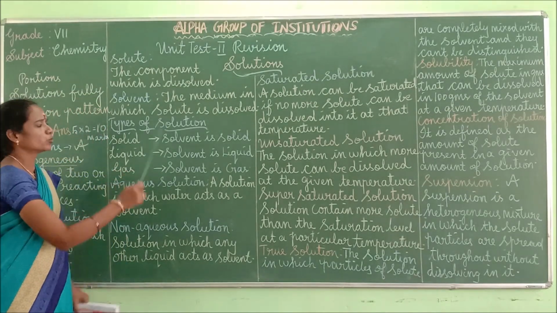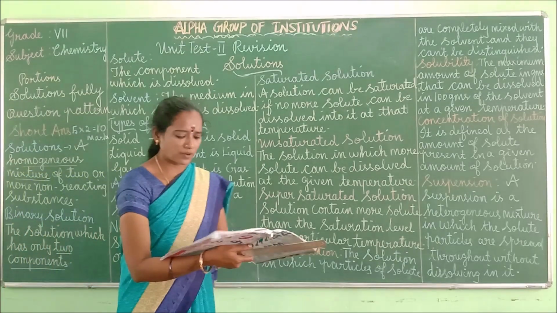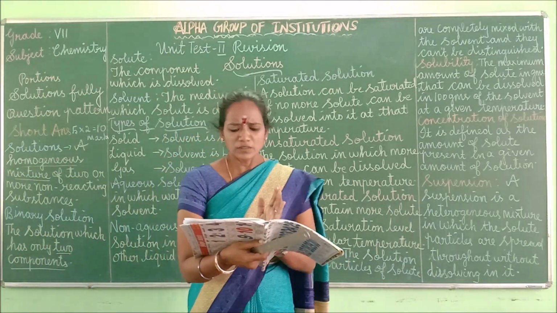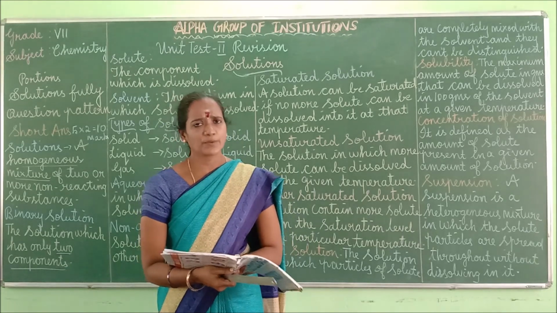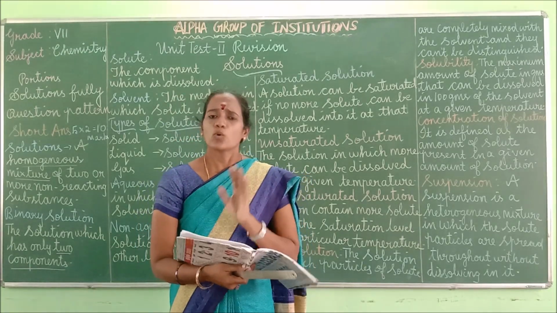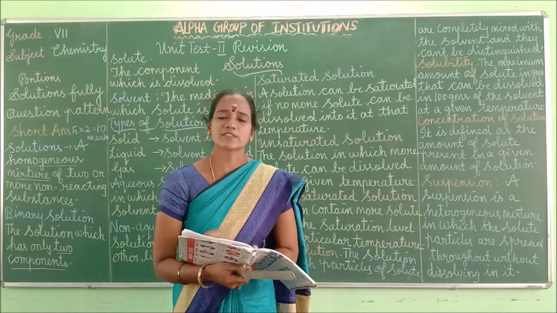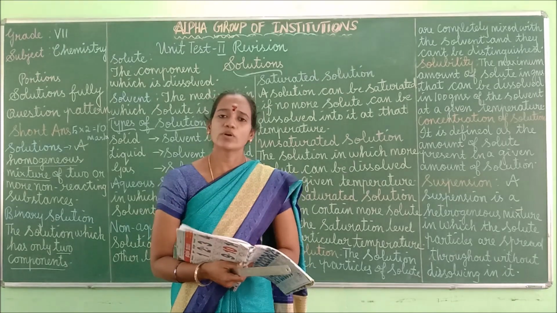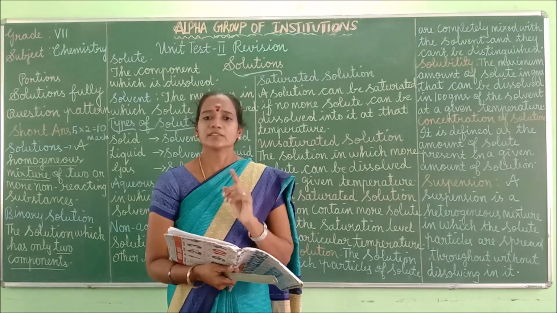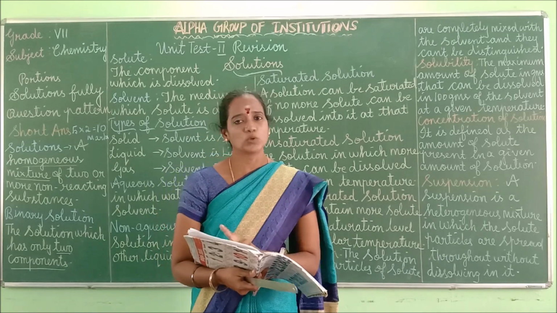Shall we move to the next question? Next we can move to the types of solution. Three groups of solutions can be formed. What are the three groups? One is the solid solution, second is the liquid solution, and third is the gaseous solution.